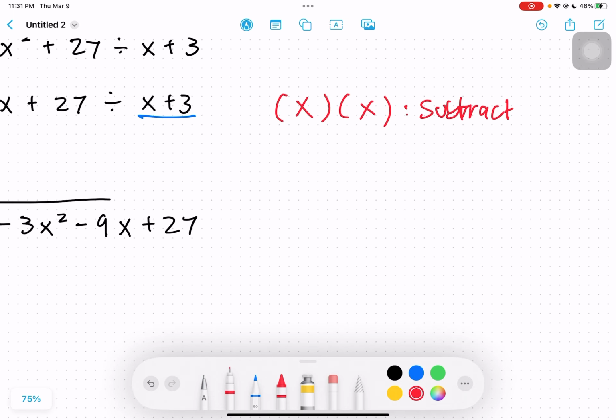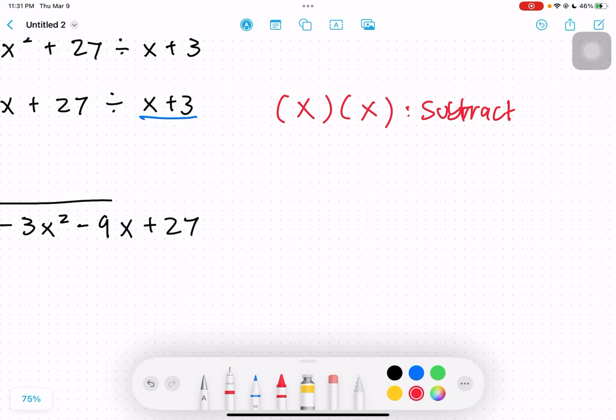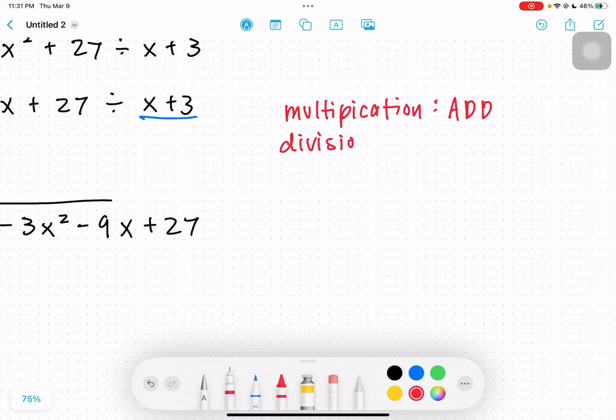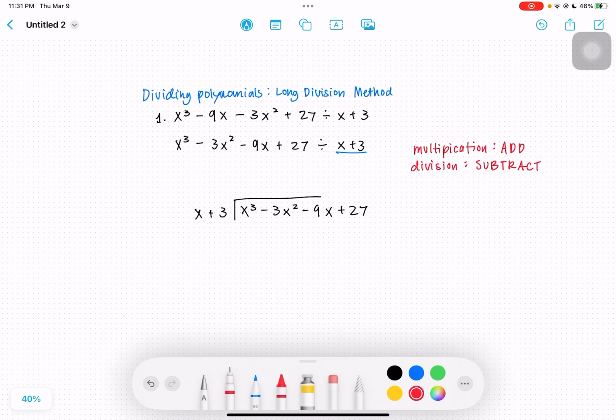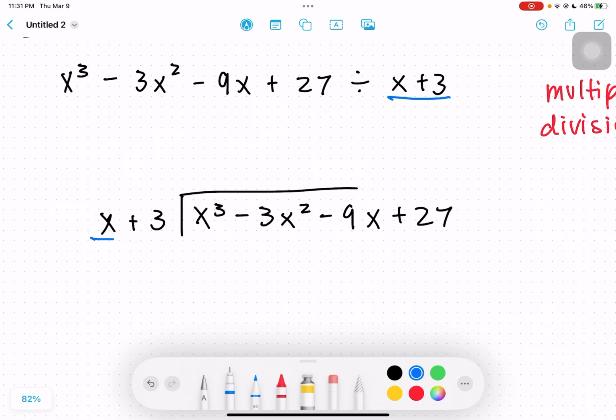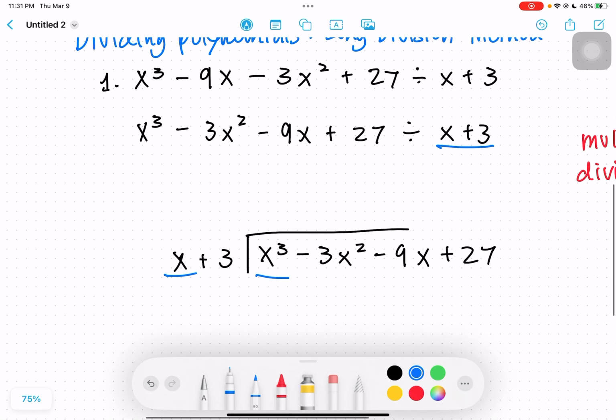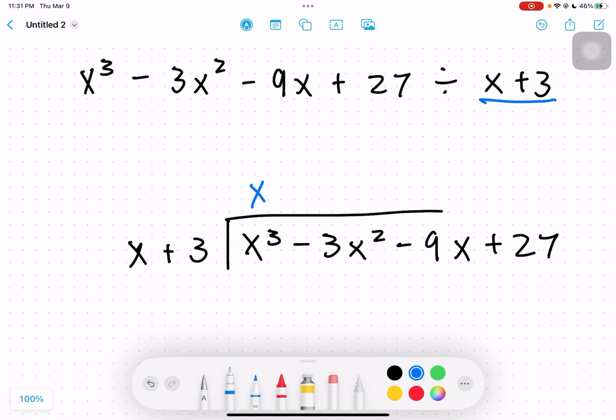If you need to divide, you subtract. So here it's x divided by x cubed, so you subtract, and it becomes x squared.